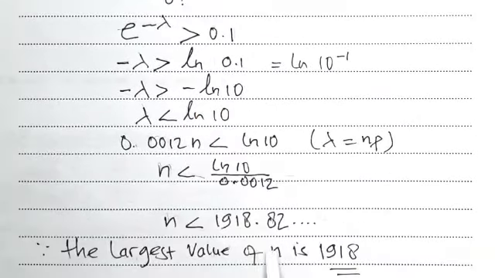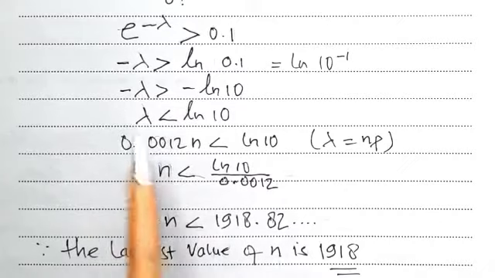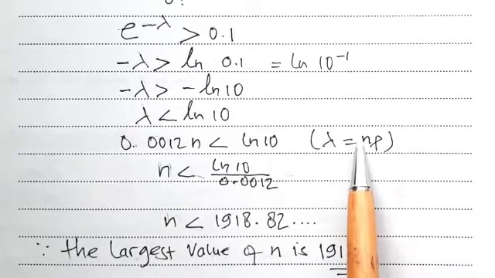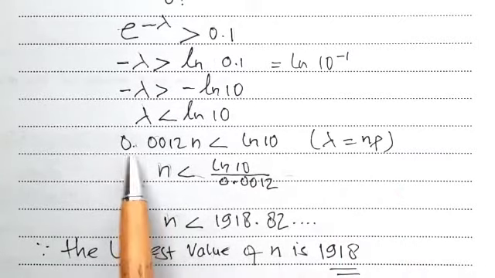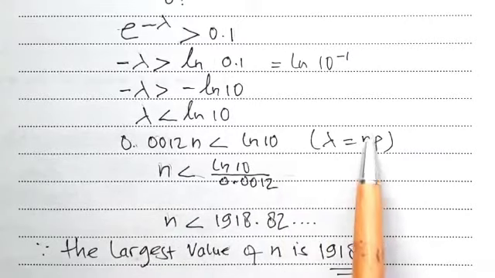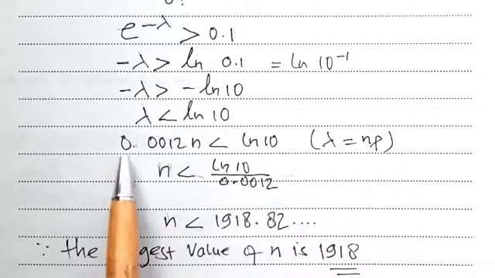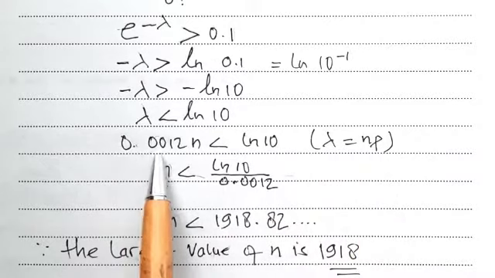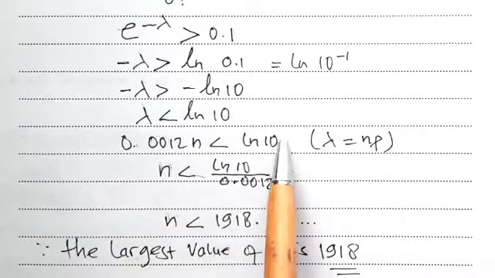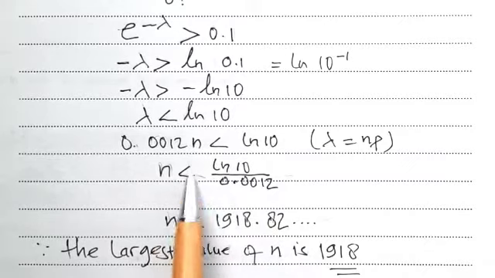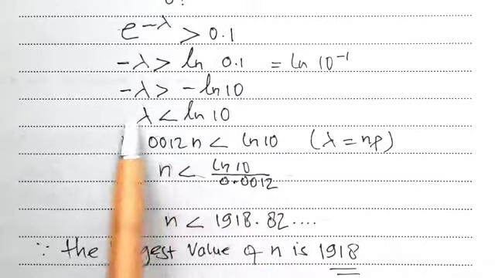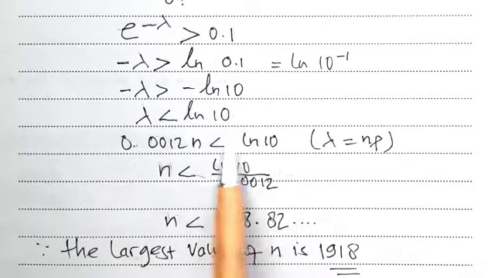Now lambda is n times p, where p is 0.0012 and n is unknown, so replace lambda by n times p: 0.0012n is less than ln 10. Then n is less than ln 10 divided by 0.0012.